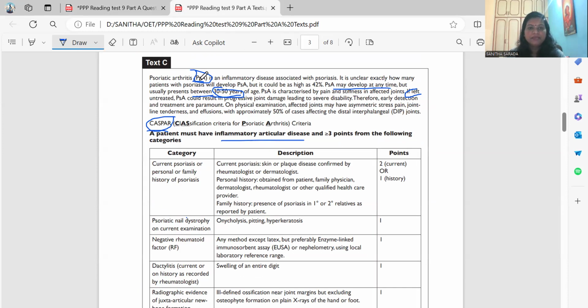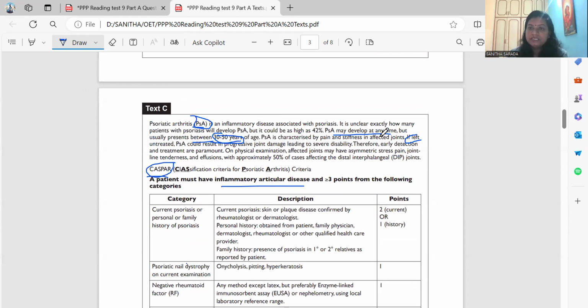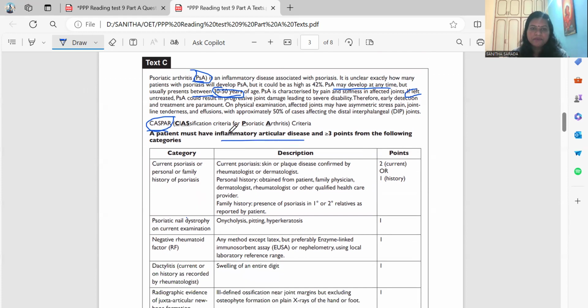The passage is talking about PsA and poor formation. So we have to scan it. It is like skim and scan. Poor formation. That is the keyword. Poor formation is present.